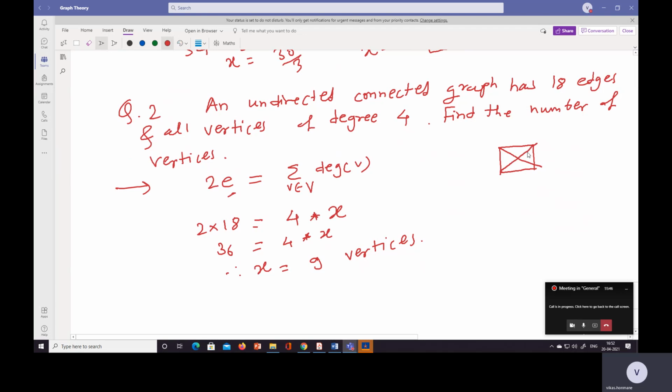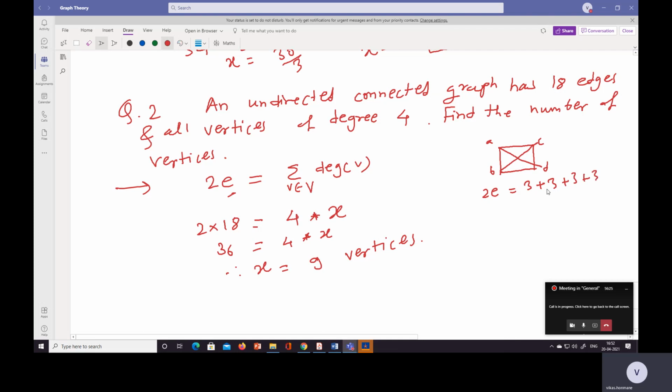Consider this graph. For each vertex the degree is 3. So 2e is equal to the summation of the vertices' degrees. Suppose there are 4 vertices A, B, C and D. For vertex A degree is 3, plus vertex B degree is 3, plus vertex C degree is 3, vertex D degree is 3.